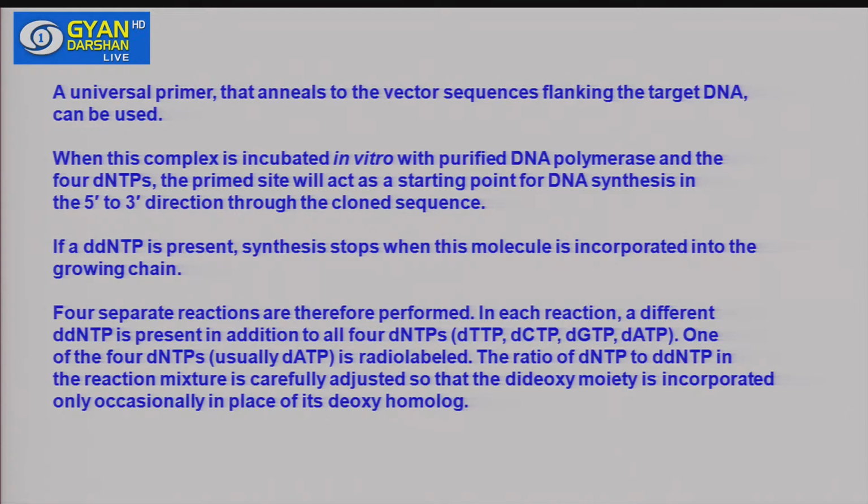And mind that when you are done with the reaction, then again you have to run a polyacrylamide gel. Why in this case are you not using agarose gel but a polyacrylamide gel? Because you need to identify each and every individual fragment, each and every sequence. And normally a sequencing gel, when you develop an autoradiograph, because as I told you, one of the dNTPs is radioactive, like you use dATP.